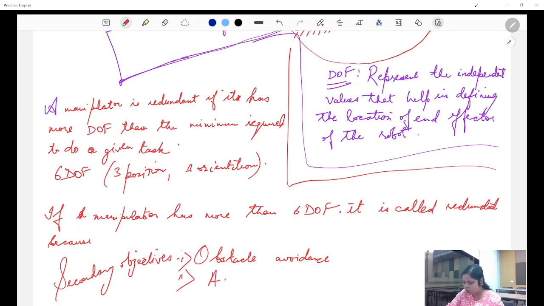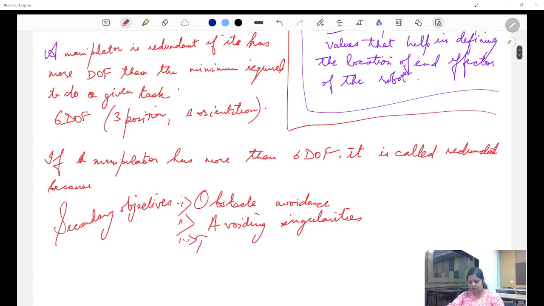It can be posture correction. Any extra degree of freedom that we have can be used for posture correction.